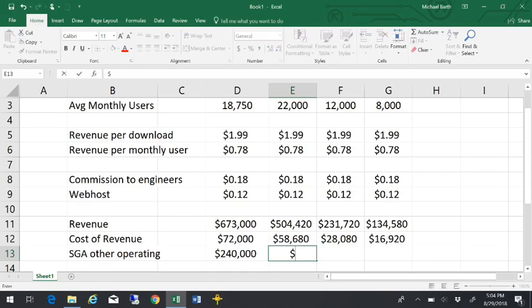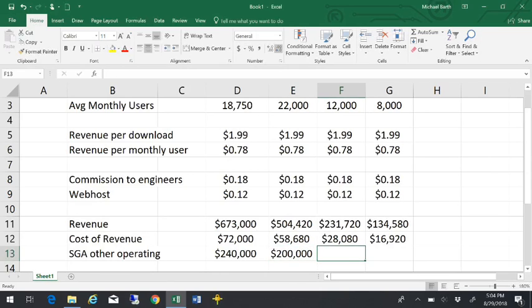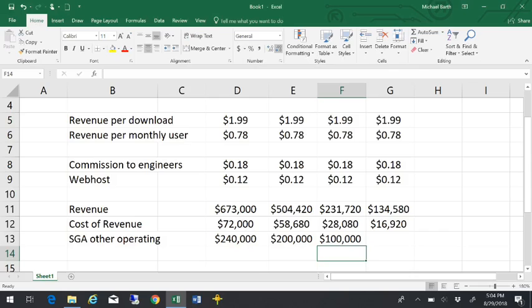In the second year, it's $200,000. And then it's $100,000 in years 3 and 4. All right, so that's another expense. We're going to have to spend $175,000 of development costs at time zero.